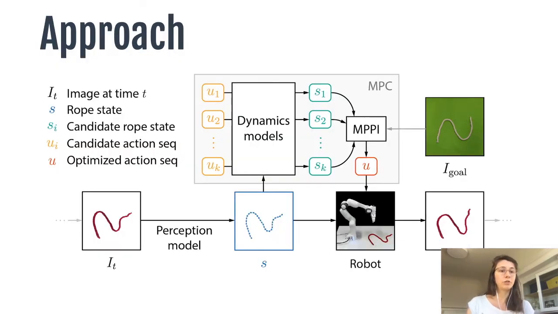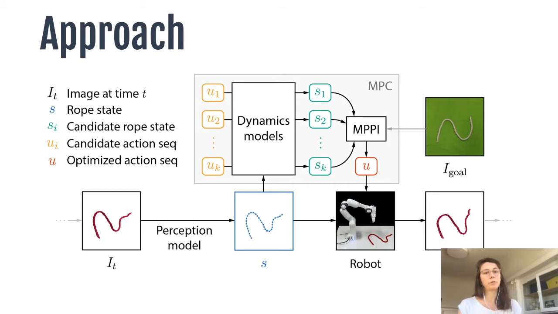Our approach to this problem is a system that allows continuous replanning and also takes real-time feedback on the state of the rope into account, and it always evaluates the current state of the rope with respect to the goal state. First of all, overall, we use a state space representation of the rope, and this is what is described here in the MPC box with s1, s2, sK.